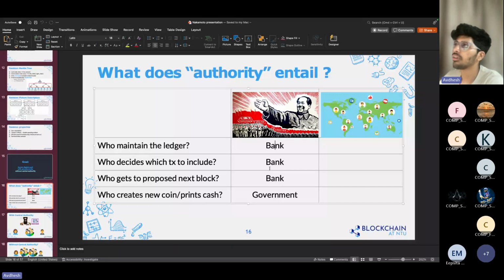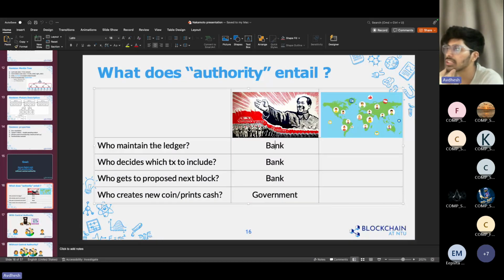So right now, what we do in the financial system is the ledger. The ledger means if I'm paying 5 INR to some vendor, that has been recorded by the bank. So they maintain all the ledgers of all the people who have accounts with them.